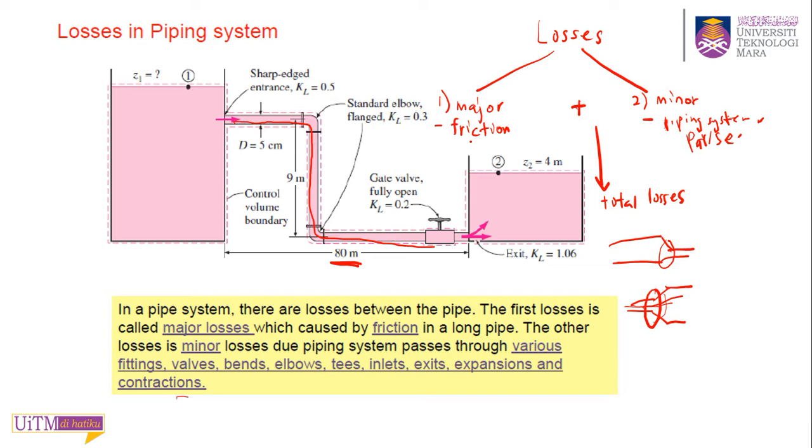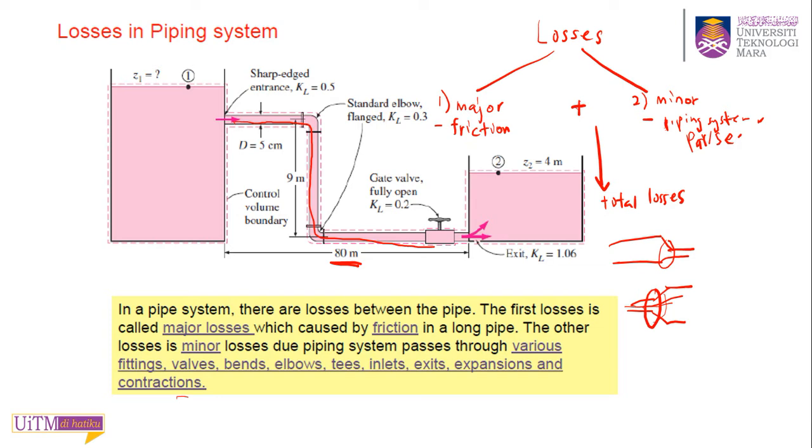But in this one we have losses, so that's why we have something that makes the fluid flow. And what is that? Pressure. Daripada mana datang? Siapa yang provide? Atmospheric pressure. No, it's just a device.